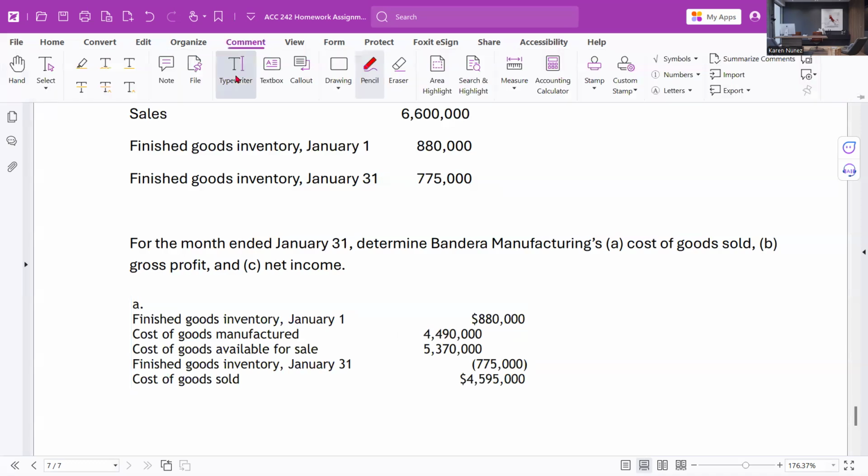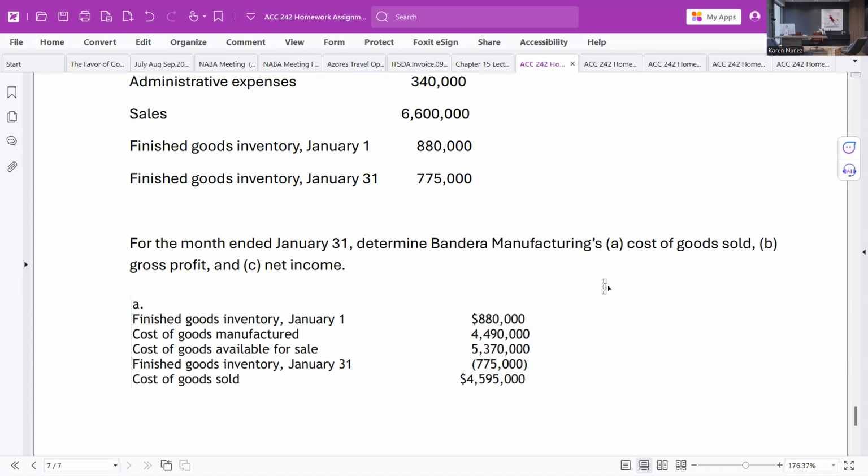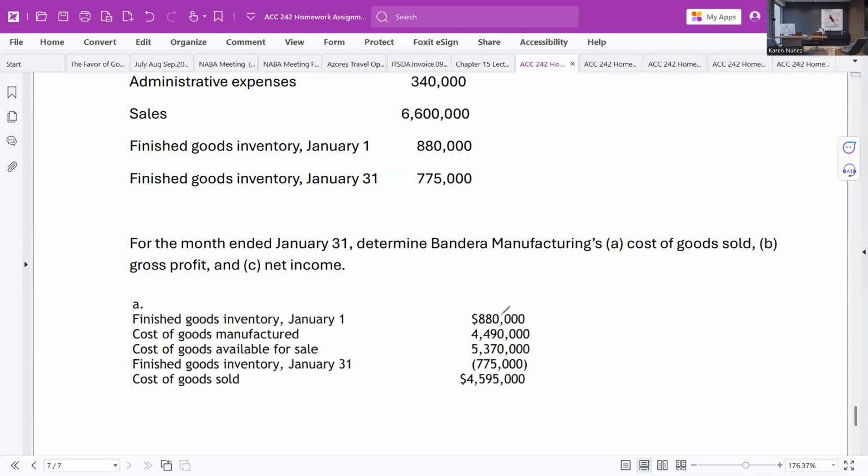So what we've got here is, we start with something, right? We start with a beginning balance. And that beginning balance in January 1, we add something to it. We add the cost of goods manufactured. And what that leaves us with is what's available, right? The 5,370,000.